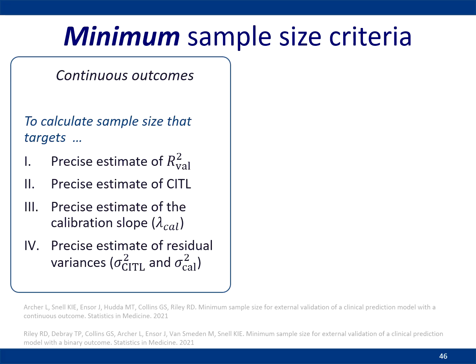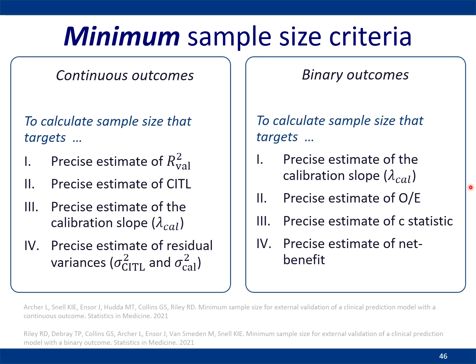For continuous outcomes, the criteria aim to calculate a sample size that targets, firstly, a precise estimate of the R-squared in the validation sample, a precise estimate of the calibration in the large, a precise estimate of the calibration slope, and a precise estimate of the residual variance.